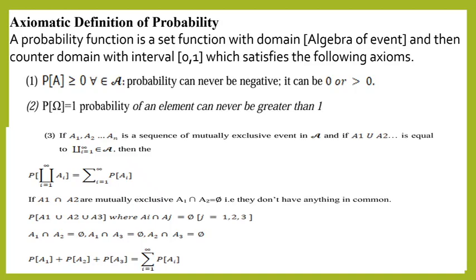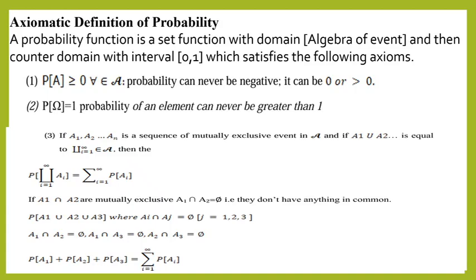So from these three axioms, many useful rules in probability can be derived. Such rules are: the probability of an empty set is equal to 0, that is, the probability of null is 0. If A1 and A2 are mutually exclusive, then A1 intersection A2 is empty or null; they don't have anything in common.